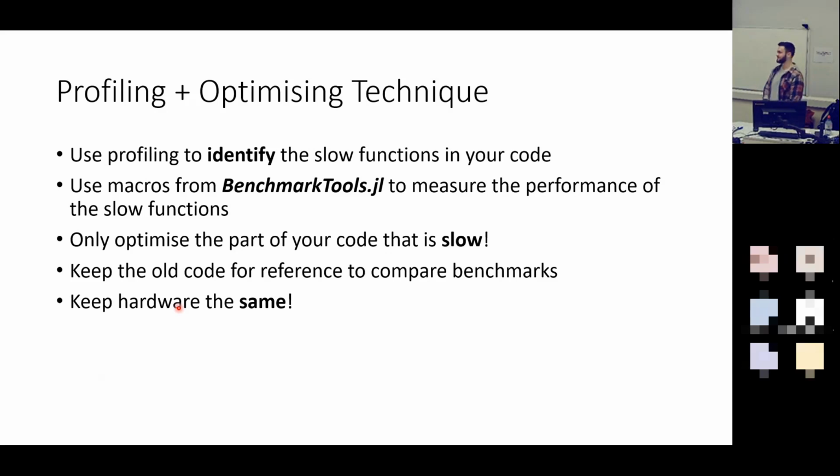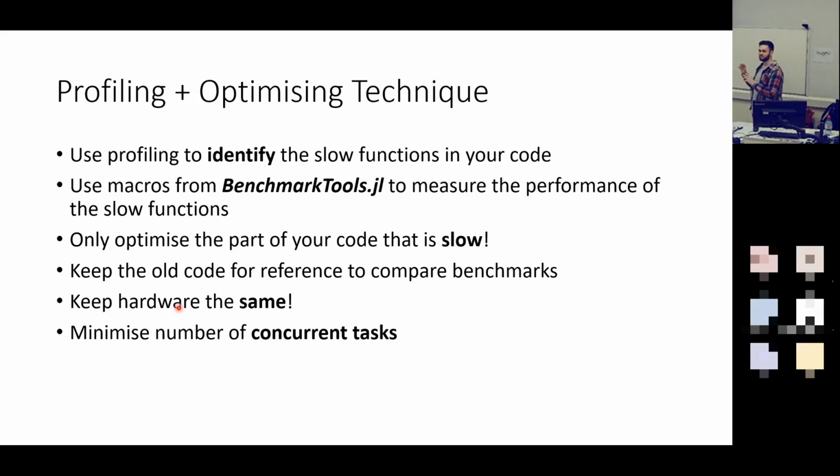One important thing here is this is all very hardware dependent. If you move to another computer, you'll get completely different results. So stick to the same machine when you're comparing the difference between your programs. And again, minimize the number of other things the computer is doing at the same time to make sure that your benchmarks are as accurate as possible.